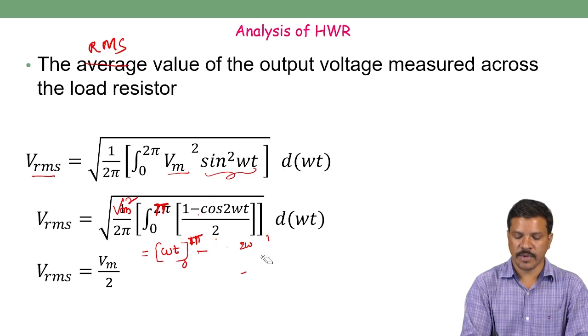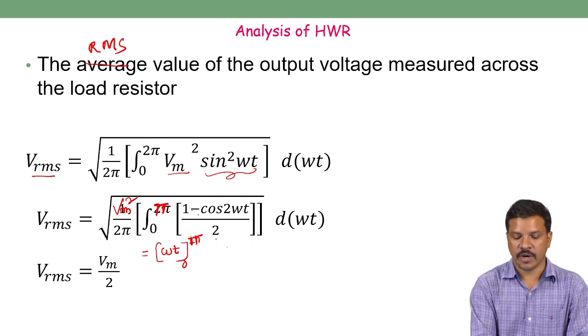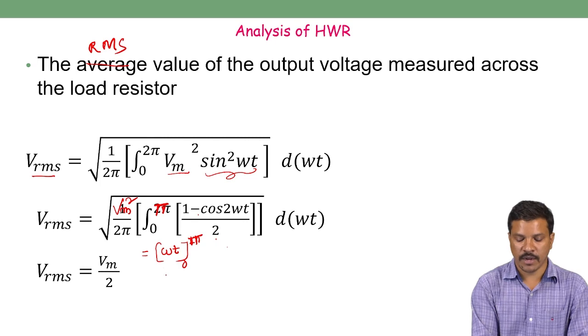Then the first term, integration of 1 by 2 omega t with limits 0 to pi, gives pi minus 0, so you will get pi. We multiply this pi with the square root of Vm square by 2 pi into pi.